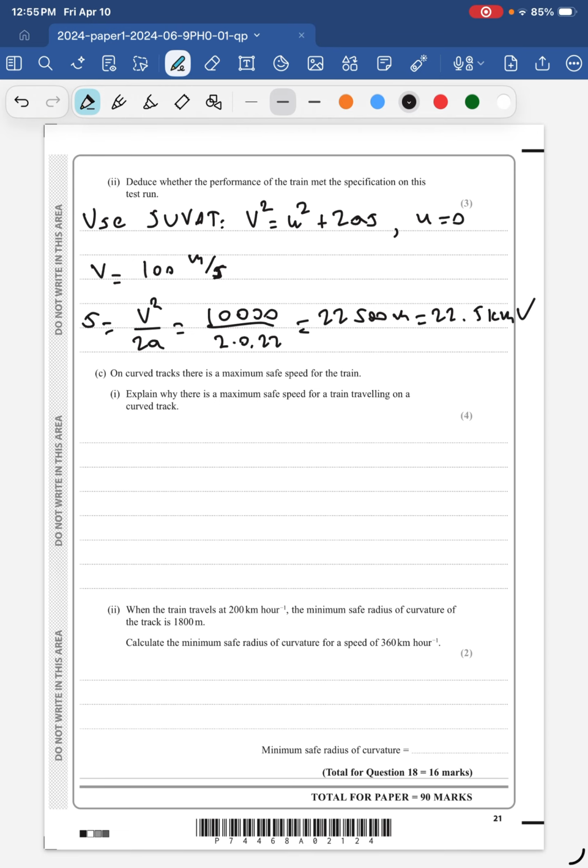Okay. Part C. On curved tracks, there is a maximum safe speed for the train. Explain why there is a maximum safe speed for a train traveling on a curved track.